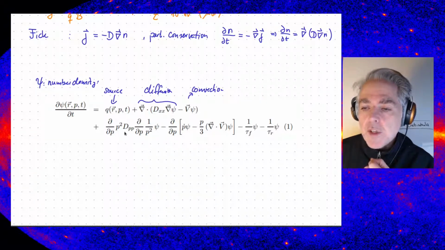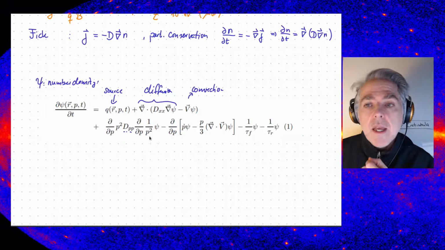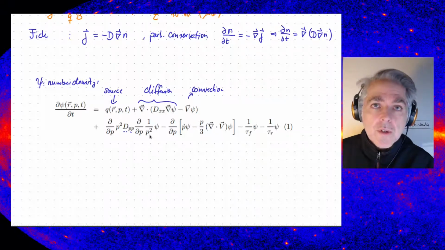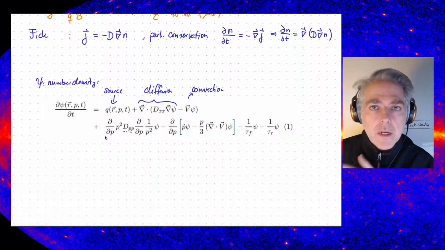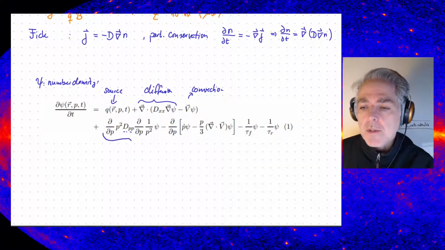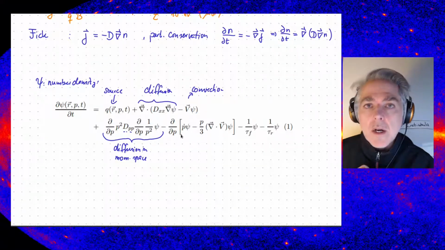Then we've got another term here which has this Dpp in it, and that's similar to spatial diffusion. You also have diffusion in momentum space. So that could be any processes which lead to acceleration or reacceleration of cosmic rays. So that's diffusion in momentum space. And then we've got terms here which are also continuous.